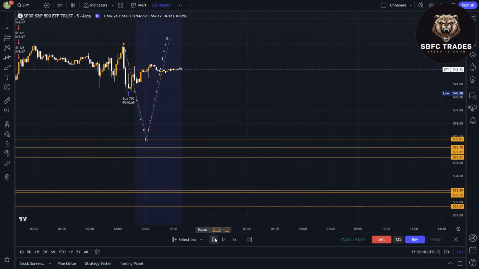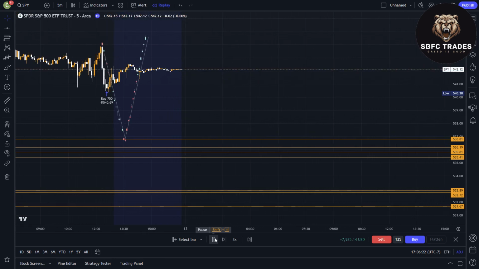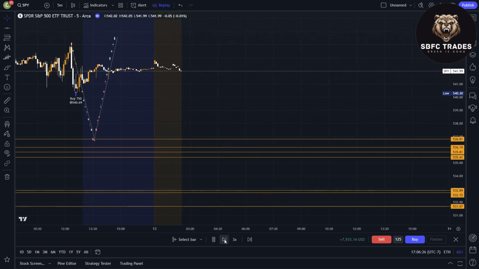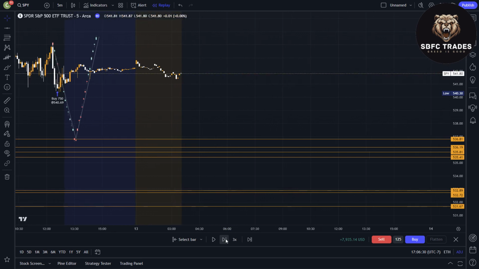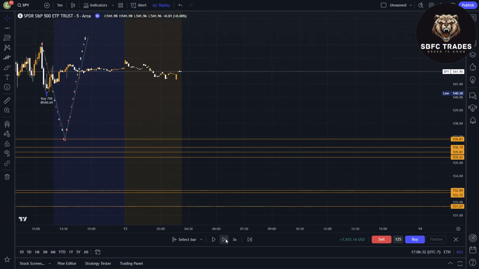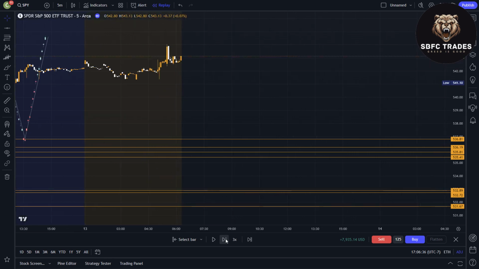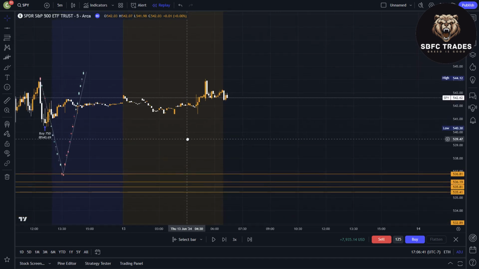It made a little V move, a little V action. Price is sitting below these gaps. I can be bullish on this day just from seeing pre-market price action. Get the 6 o'clock, the 6:30, so I can trade. There you go.